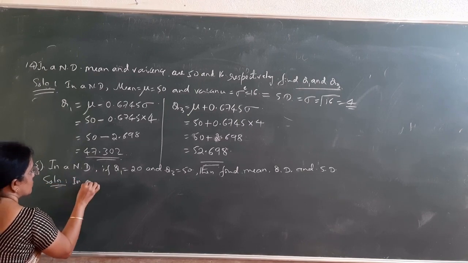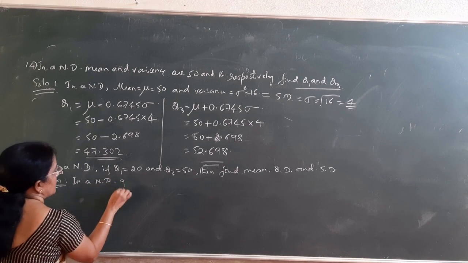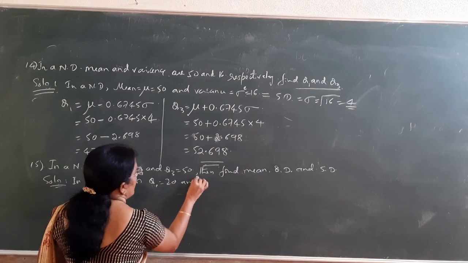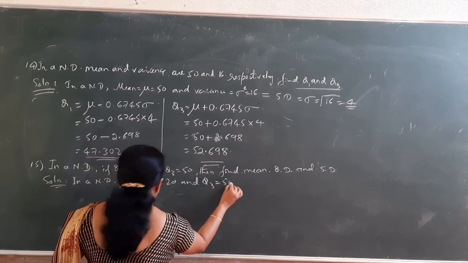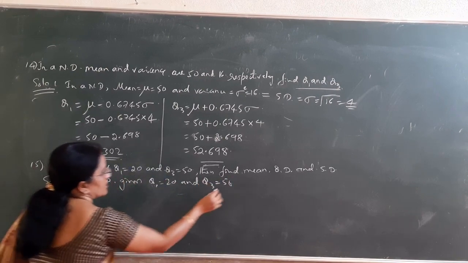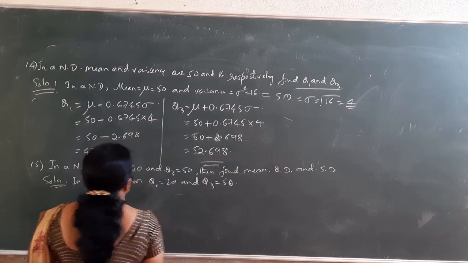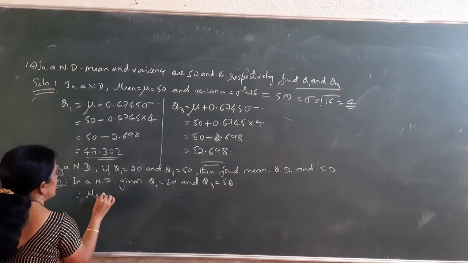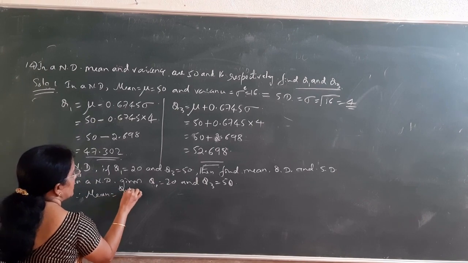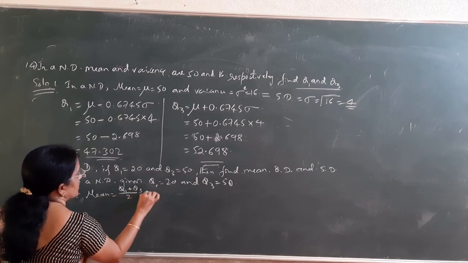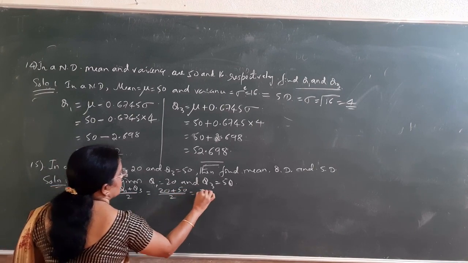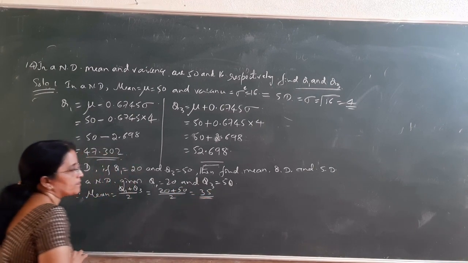In a normal distribution, given Q1 equals 20 and Q3 equals 50, right? Next first find the mean, and therefore mean equals Q1 plus Q3 divided by 2, that is 20 plus 50 divided by 2, which is equal to 35.